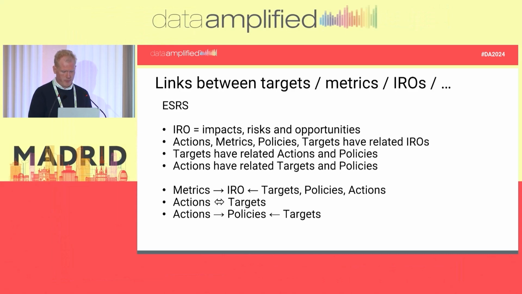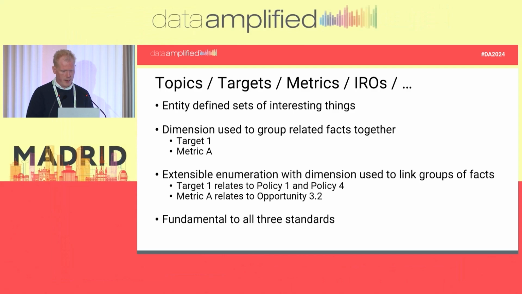So if we skip ahead, I'm going to turn to some examples, but the key thing to bear in mind is you use a dimension to group all the facts to do with the target, and then you use an extensible enumeration to link your target, for example, to your policy, or your metrics to your opportunity, and so on.